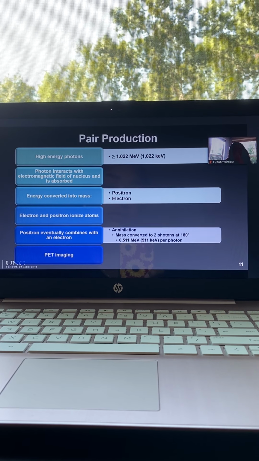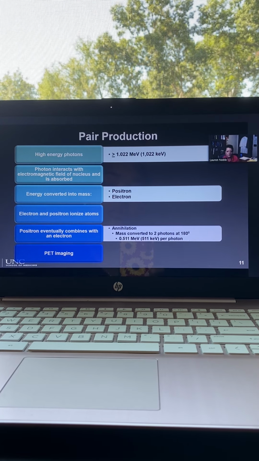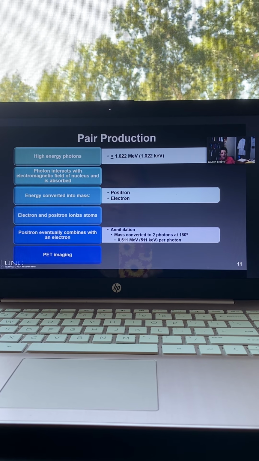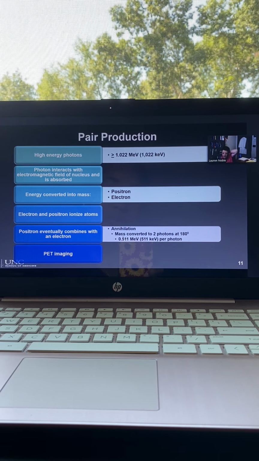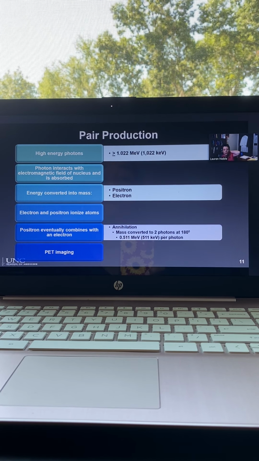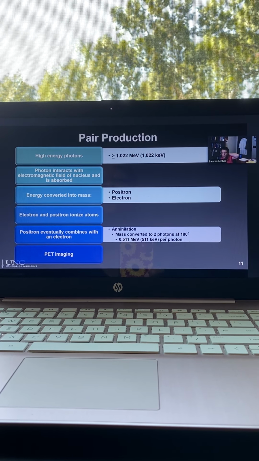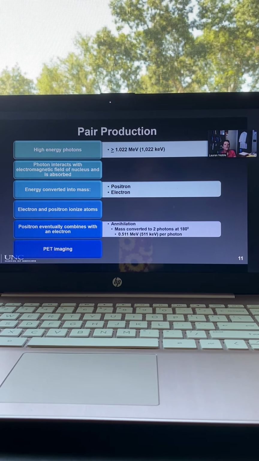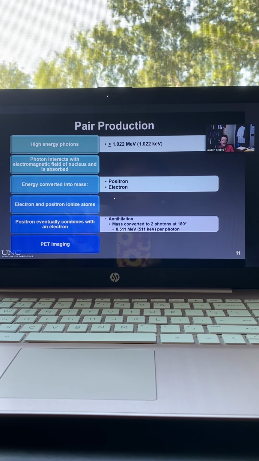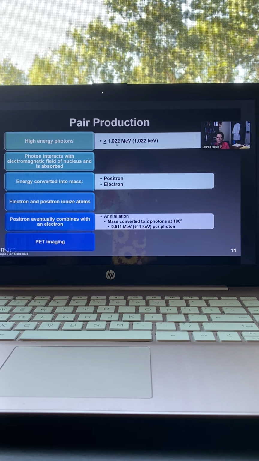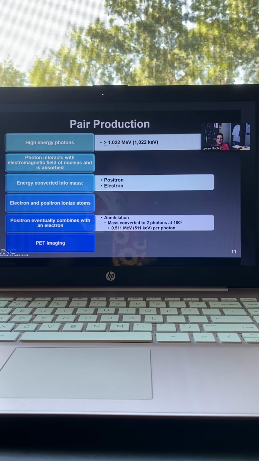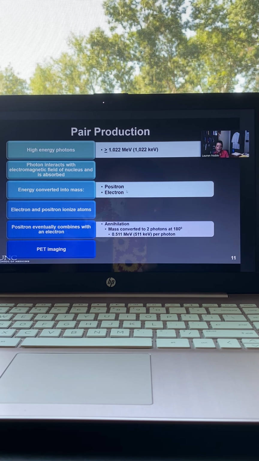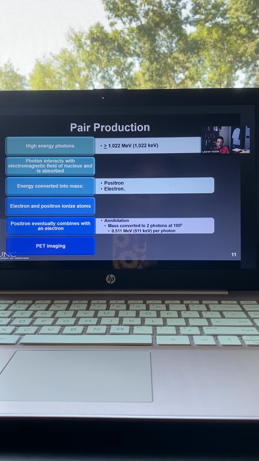When they crash back into one another, the mass of the positron and electron gets converted into two X-ray photons that are 180 degrees apart from one another. So we start out with a high energy photon. That photon's energy gets converted into a positron and electron.